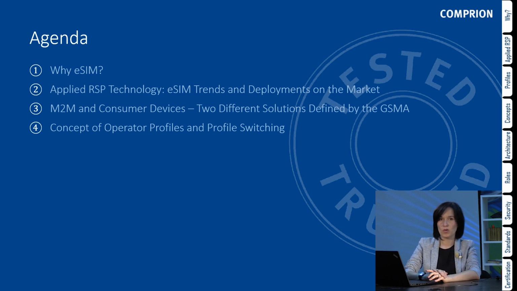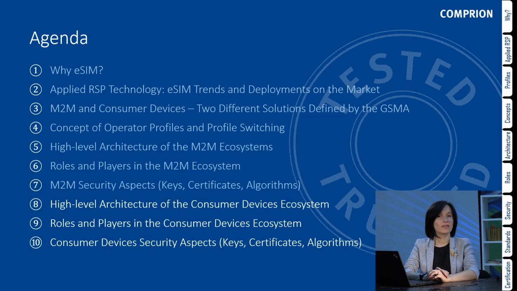Also about the profiles: what is the idea of the profiles and of profile switching? In the second part we talked about the M2M architecture, and it's similar to what we will have right now. So in this 8th, 9th, 10th part of the agenda, not of the training.